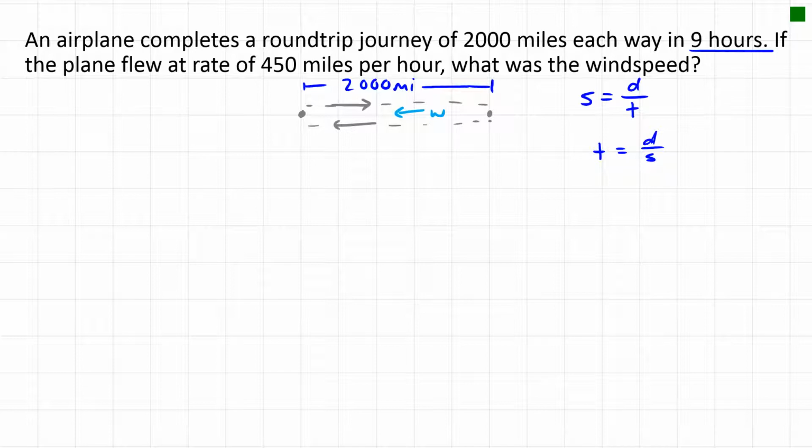Because really what we're going to have to do to set up an equation is relate these journeys to the time it takes. So I'm going to call that the time it takes to go on the first part of the journey, time 1. So I'll say time 1 plus time 2 is equal to 9 hours.